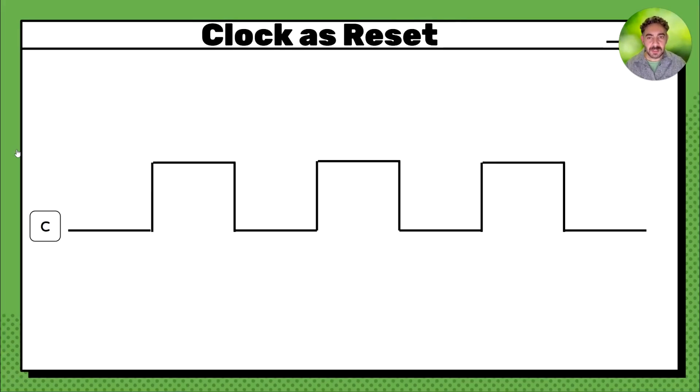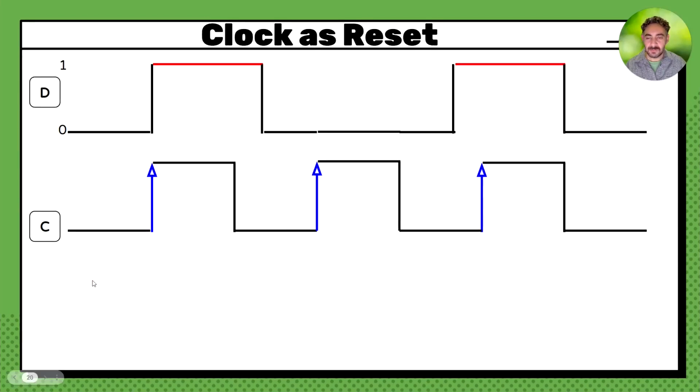So this is a visualization of the clock running at a constant speed, providing a pulse that we can use to set Q if we set our data input at the right time. And by the right time, I mean that Q can only be set if D corresponds to the clock's rising edge. We can see here that the clock has a rising edge, which we've labeled in blue.